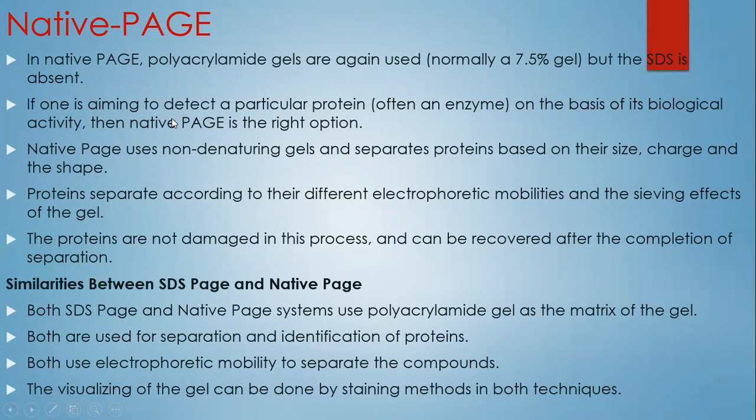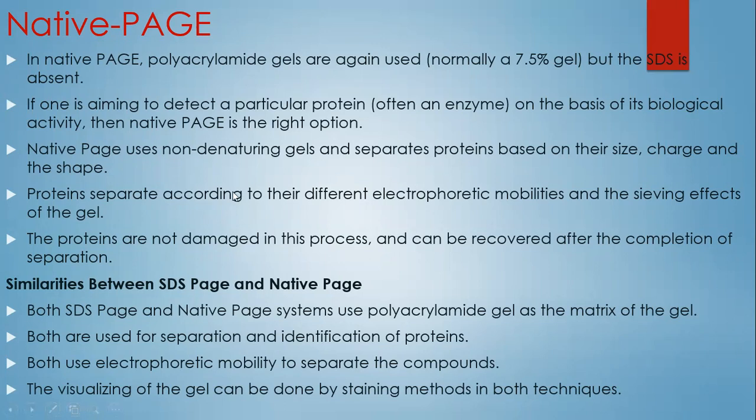In native PAGE, we do not use SDS because SDS is a detergent, and if one is aiming to detect a particular protein, for example an enzyme, on the basis of its biological activity, then native PAGE is the right option. Because if you use SDS-PAGE, it will denature that protein or enzyme, so you will not be able to get the exact result whatever you are expecting.